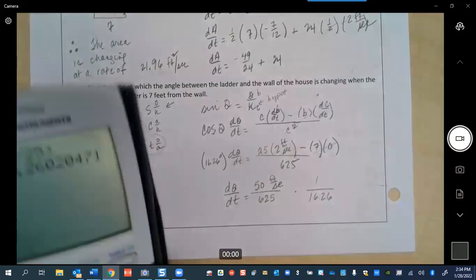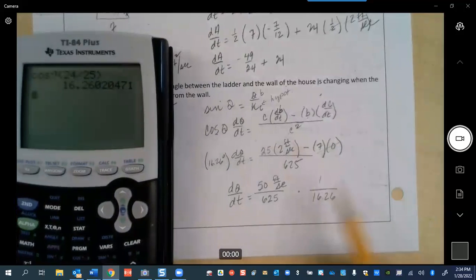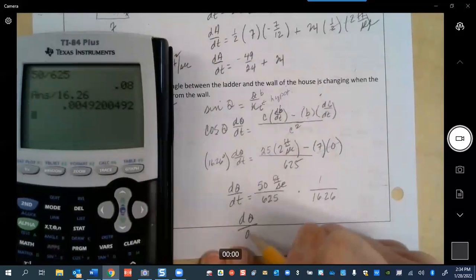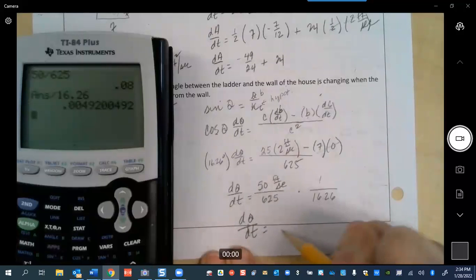So I have 50 divided by 625 divided by the change in theta with respect to time.